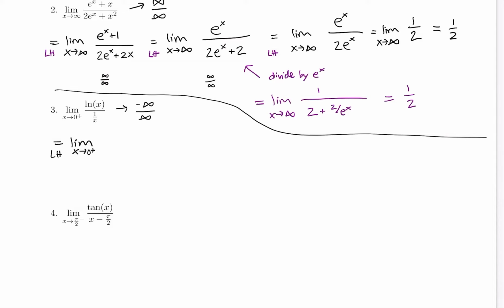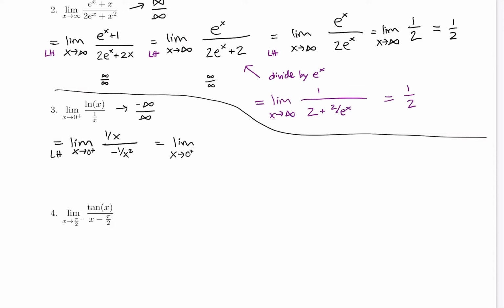and in the numerator, I get 1 over x. In the denominator, the derivative of 1 over x, or x to the negative 1, is negative 1 over x squared. And again, at this point, I want to simplify, right?